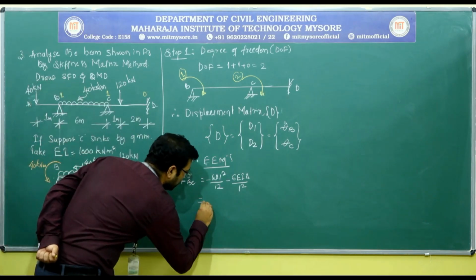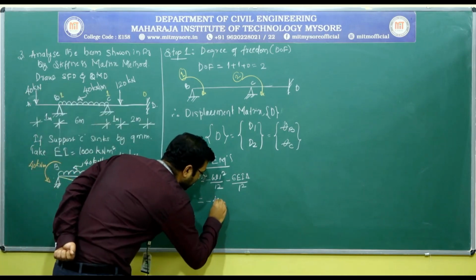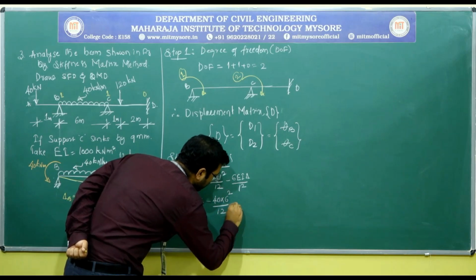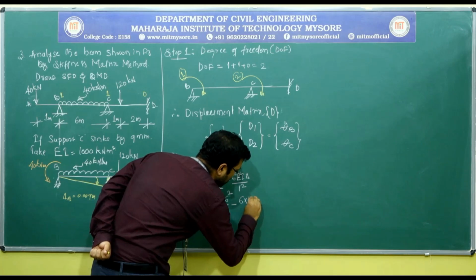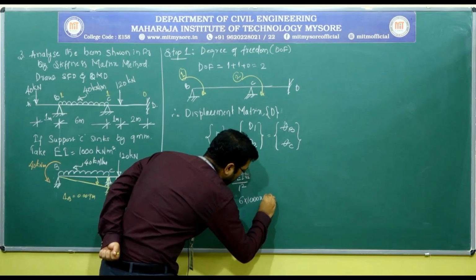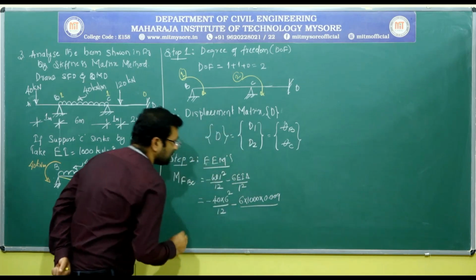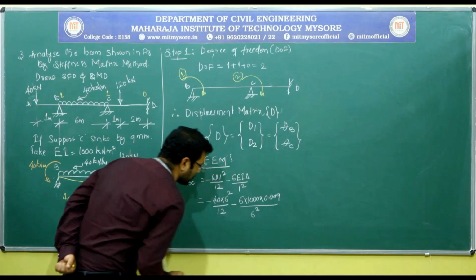Here W is 40 kilonewton, so it is 40 into span 6 square divided by 12, minus 6 into EI value 1000 into delta value 0.009 divided by L square, which is 6 square.